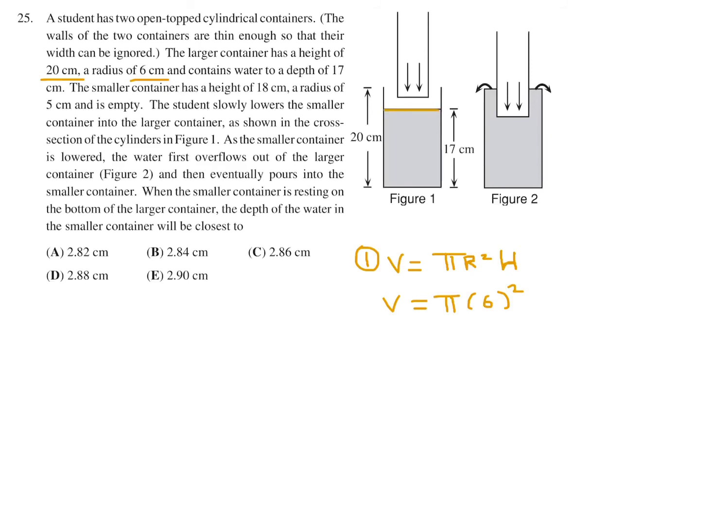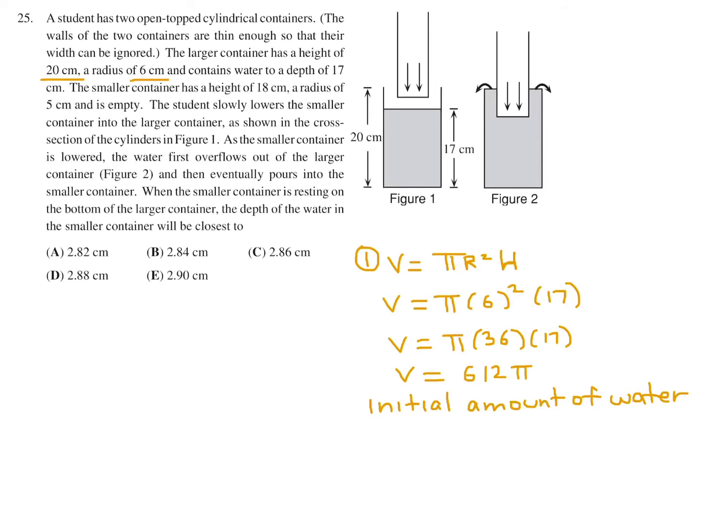It only goes up to 17, and you can clearly see that in the diagram. So we have to use 17 for the height of the water. So therefore, this becomes pi times 36 times 17, which is equal to 612 pi. So this represents the initial amount of water.